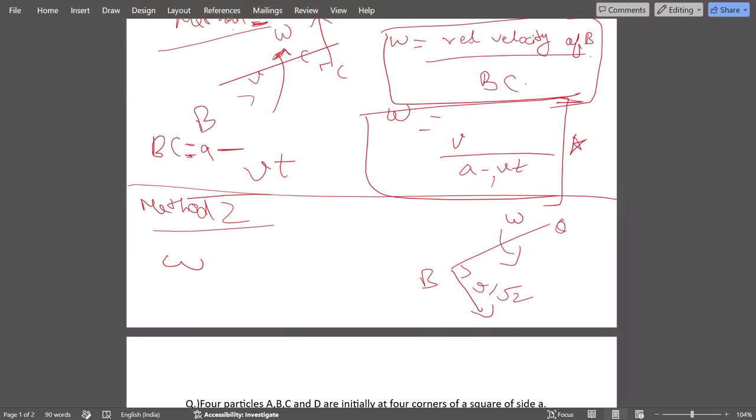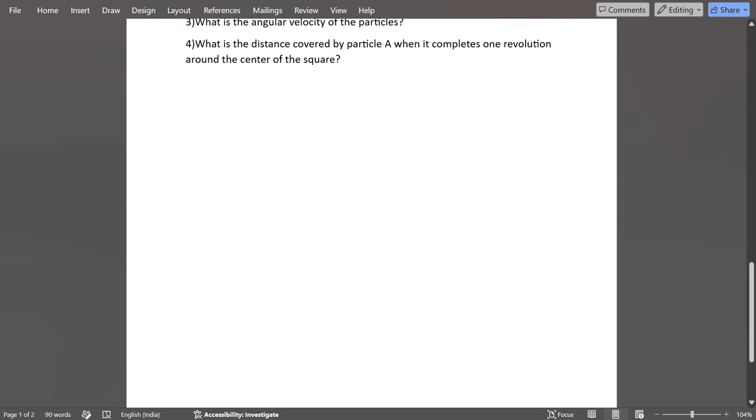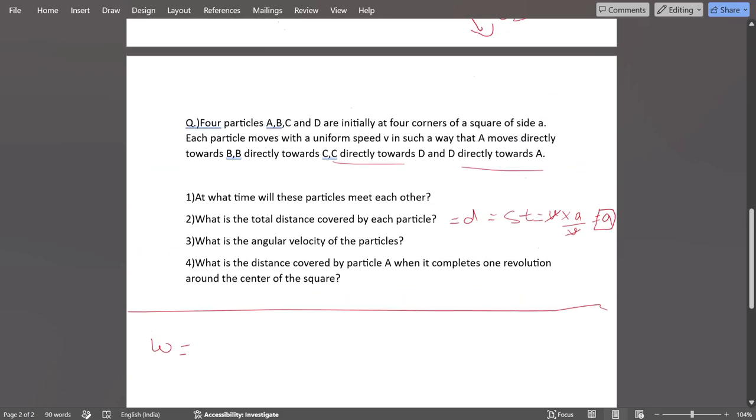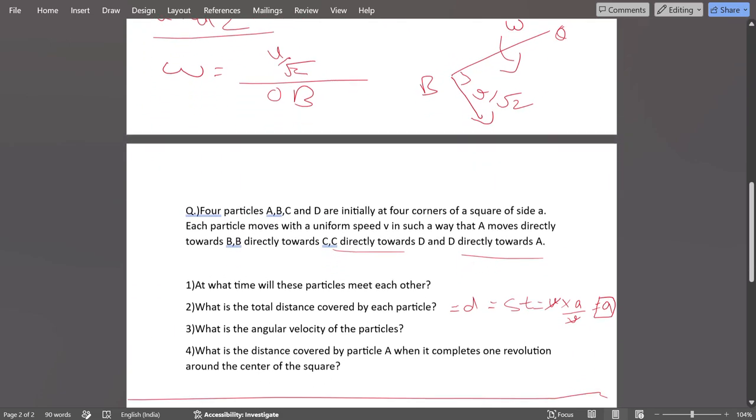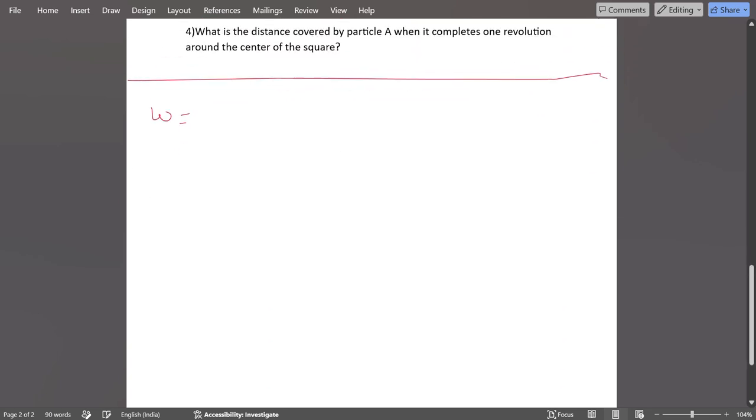We know that omega equals the relative velocity of OB upon the length of OB. So the relative velocity out here is v upon root 2 upon OB. Here we are calculating OB as a function of time t.